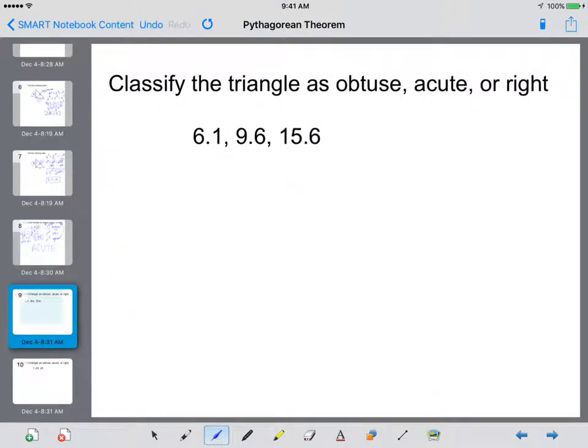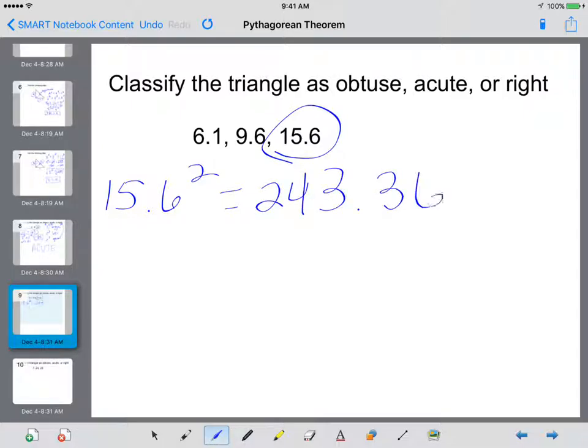Let's try two more. We got 6.1, 9.6, 15.6. So if I take 15.6 and square it, you're going to get some decimals here, it's 243.36. Now take 6.1 squared plus 9.6 squared.